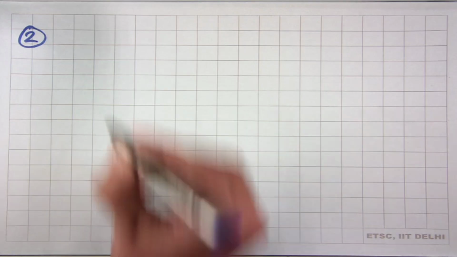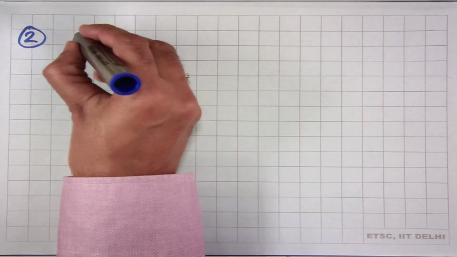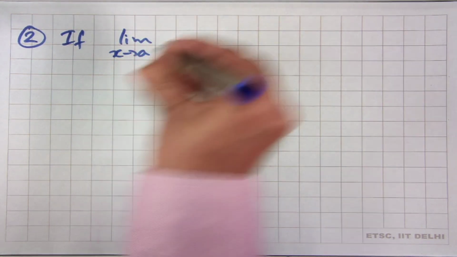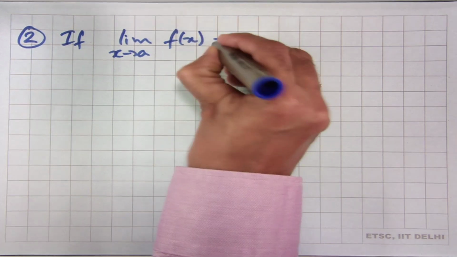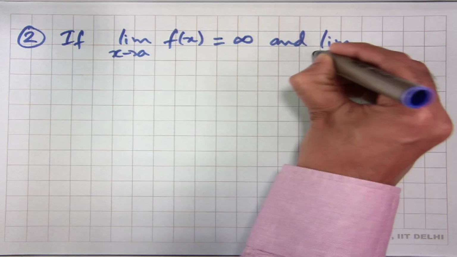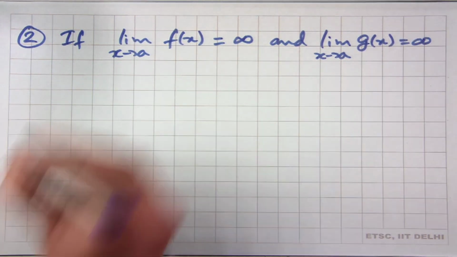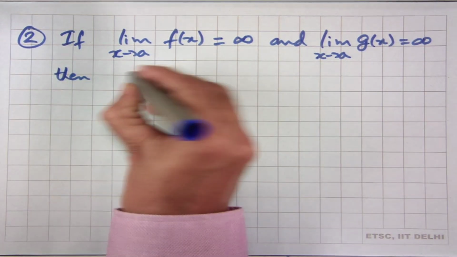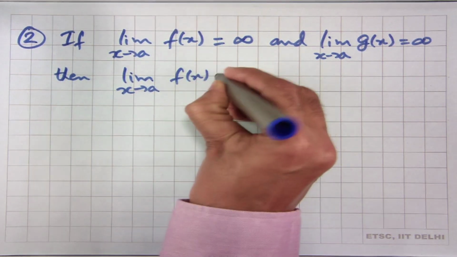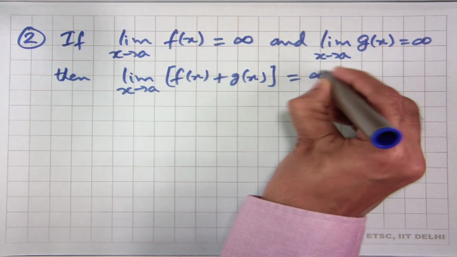Similarly, let us ask what happens if both the limits are infinity. If the limit as x goes to a of f of x is equal to infinity and the limit of g of x is also infinity, then again the limit of f x plus g x will be equal to infinity.